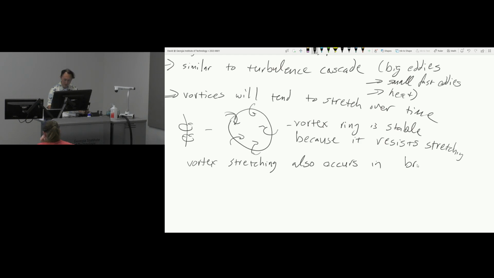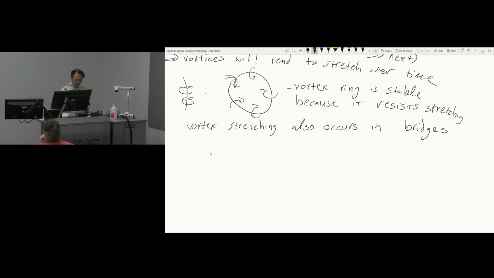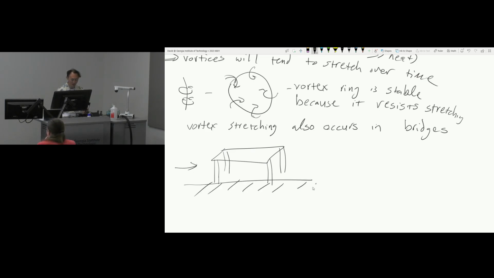So I'll call it bridges for now. All right, so imagine, my art is not going to be so good. My bridge kind of looks like a table, but you have water flow. Let's say this is the seabed, and this is a sediment.